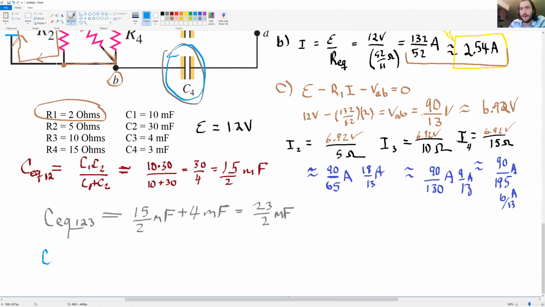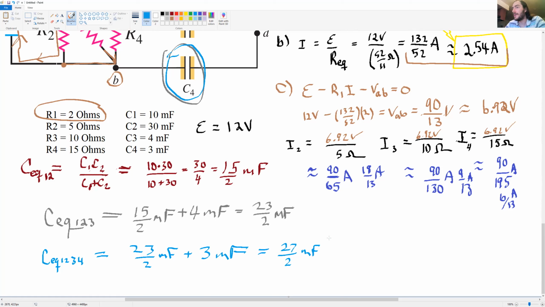Okay, so now we have CEQ 1, 2, 3, and 4 all combined into one. And those two are in parallel, so it's going to be 23 over 2 millifarads plus the 3 millifarads for C4 there. Again, common denominator, we get 27 over 2 millifarads.